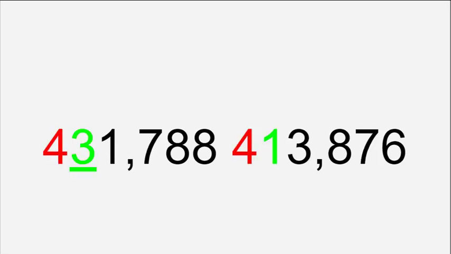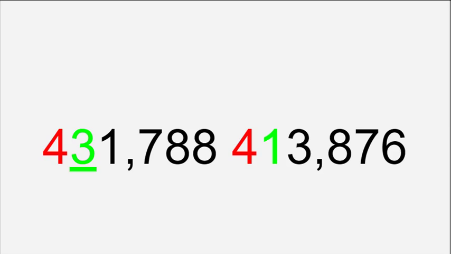In our final comparison, we will compare 431,788 and 413,876. Both numbers have 6 digits, so we'll start with the hundred thousands place value. Both numbers have 4s in the hundred thousands place value, so we'll need to look at the 10,000s.